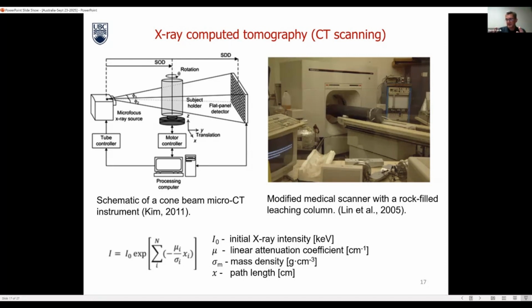And so the sample is stationary, and you have an array of X-ray sources basically shooting at the sample. But in micro CT, in microcomputed tomography, the situation is kind of reversed. The source of X-rays, as shown by this box on the left, is stationary, but the sample is now rotating.